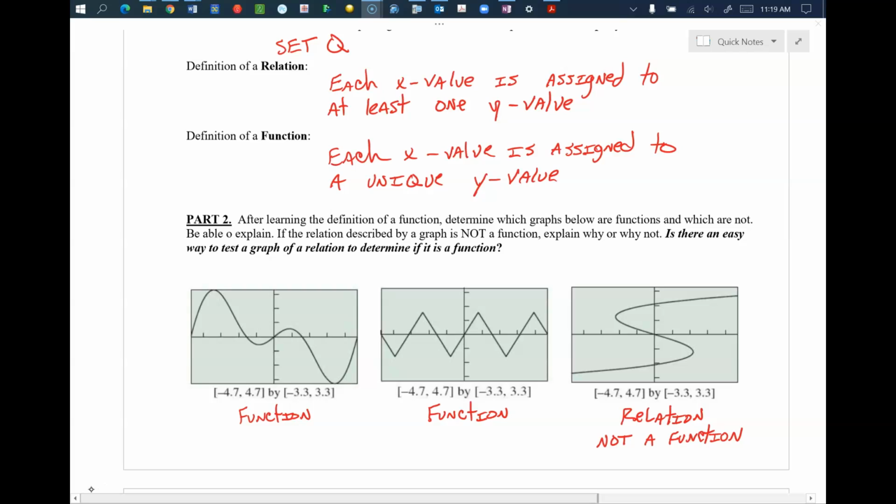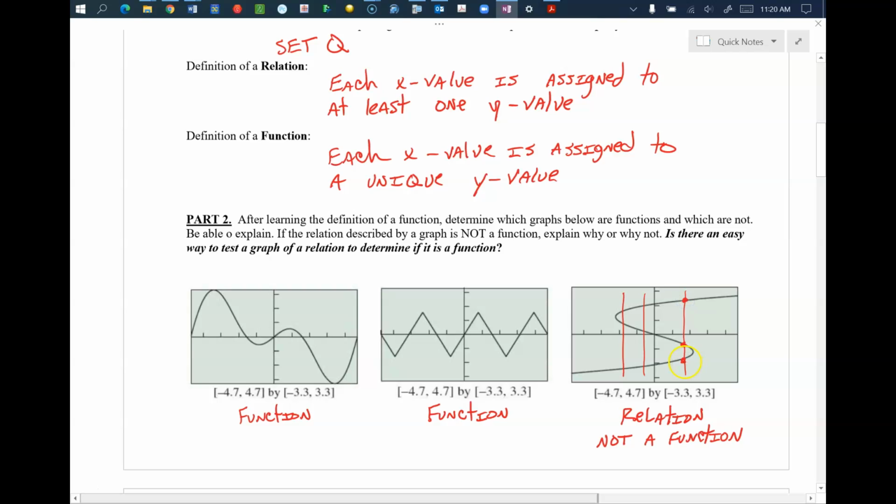That is impossible to do with the graph on the left, or in the middle, but it's not impossible on the right. You can pick many places where you can draw vertical lines, and that vertical line passes through the graph of the relation in more than one place.